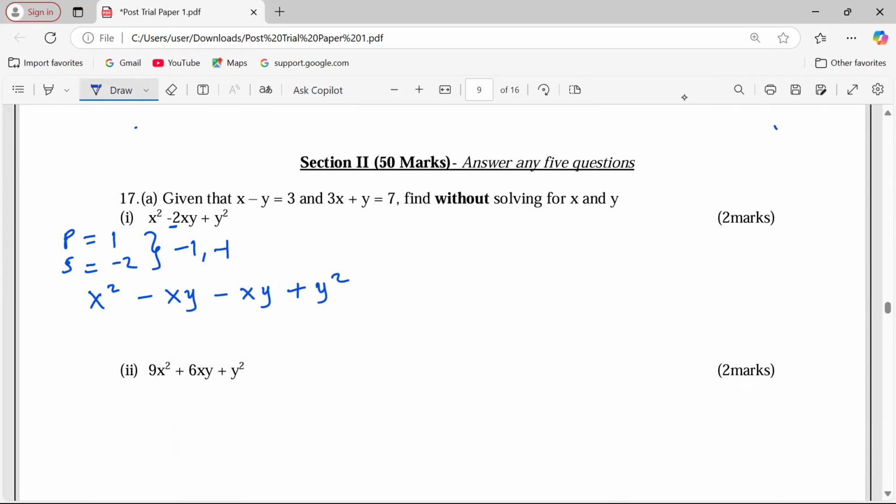From the first two terms, we can factor out x so that we remain with x minus y. Then we factor out -y so that we remain with x minus y.